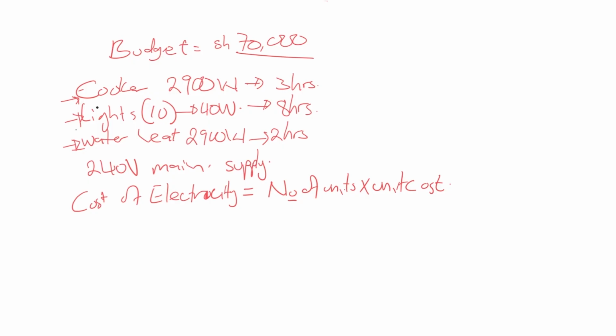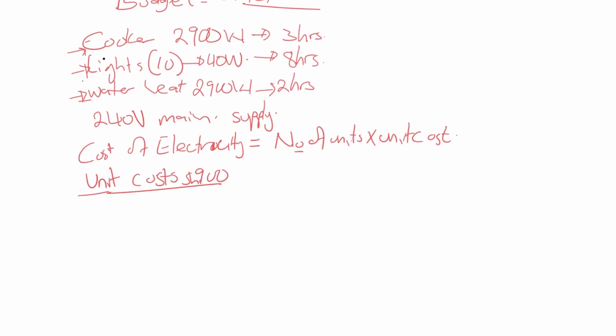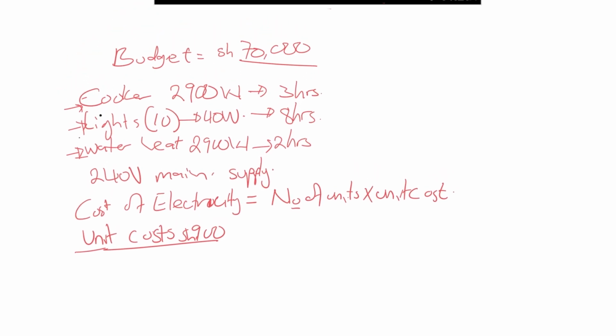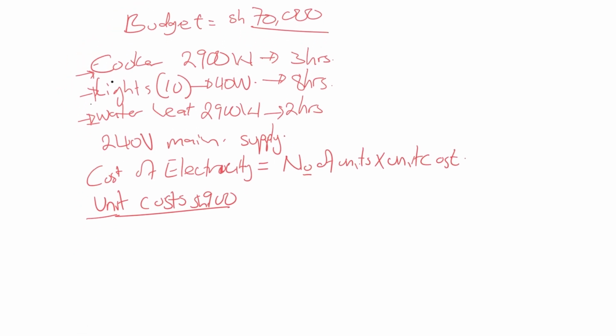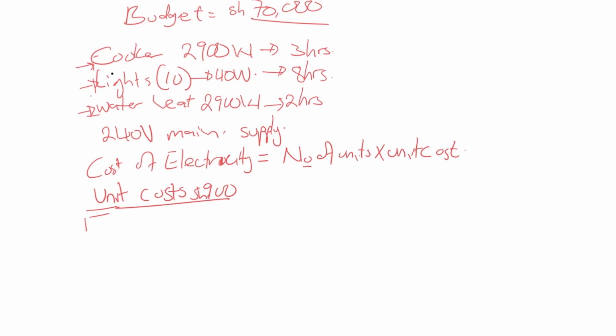So in our scenario, we said each unit costs 900 shillings. So let us calculate the amount we need to spend on a cooker. So let us first consider a cooker.